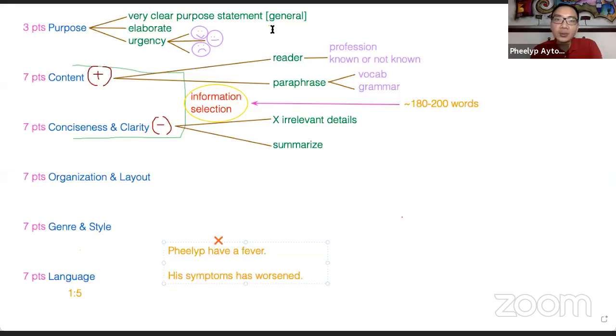Okay. Ano yung wrong dito? Have. Okay. Dapat have. Kasi plural dapat yung symptoms. Ngunit sa bad data po, pwede bang yung symptoms, yung mali? Actually, dapat symptom pala siya. Kaya magiging tama yung has. Pwede yun, di ba? No.